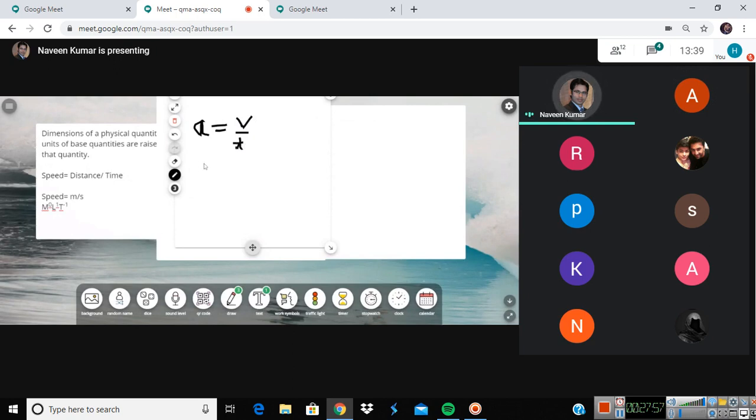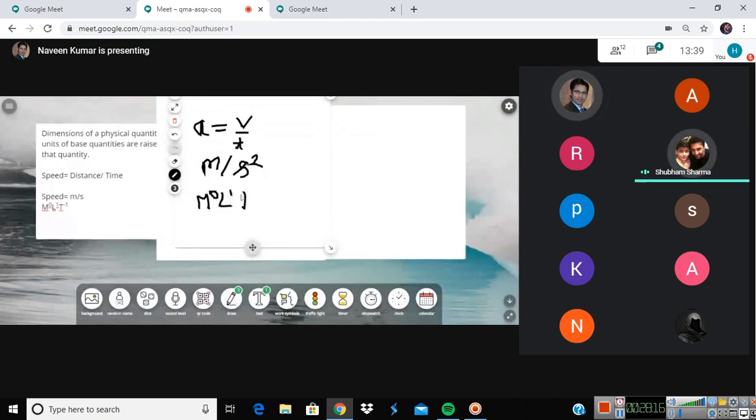So unit is meter per second square. So the dimensional formula will be [M0 L1 T-2], bracket close.